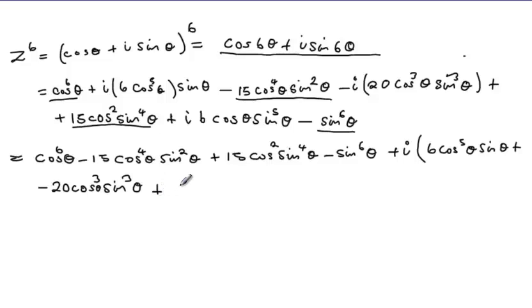Plus 6 cos theta sine 5 theta. Then we close the brackets. All together. So now this two-term expression is equal to this 1, 2, 3, 4, 5, 6, 7.